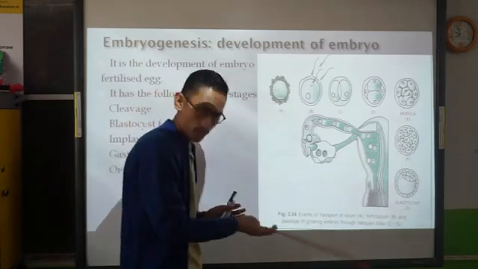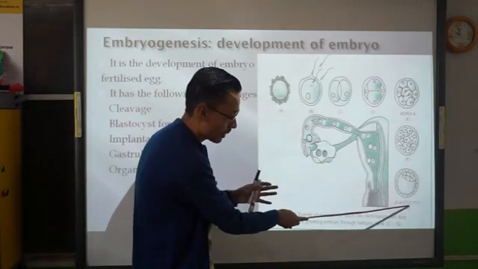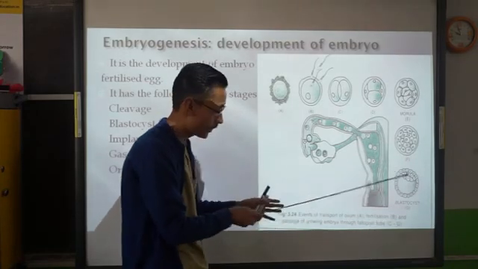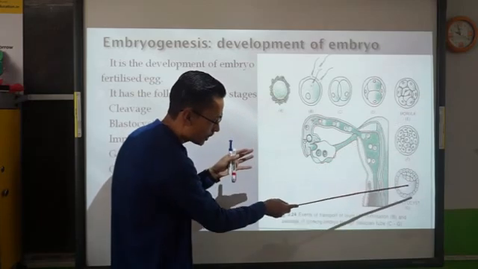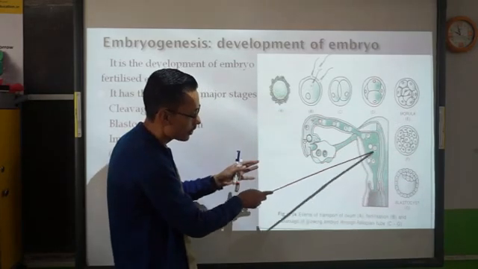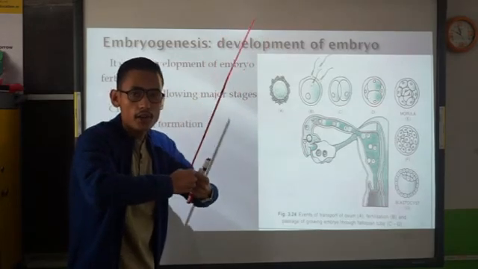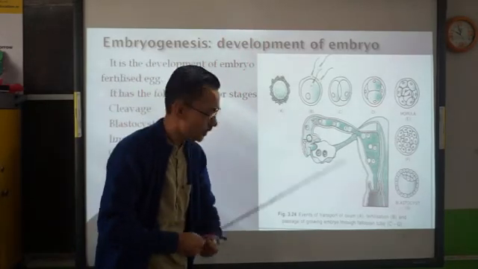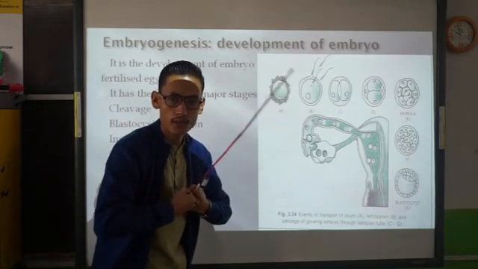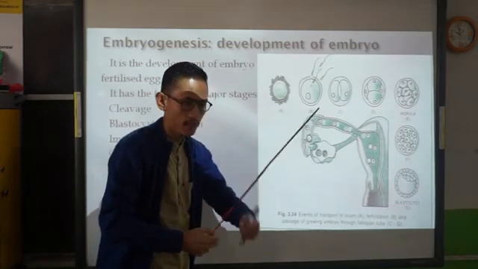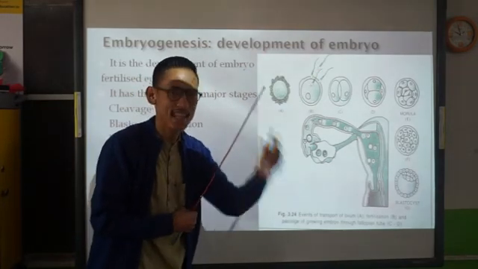Now there are certain processes, alright, where the morula will change into blastocyst, which we'll discuss, don't worry. So morula will change into blastocyst. You can see over here H, and after the formation of blastocyst, it will come in contact with the endometrium of the uterus. Clear? And when it comes in contact and attaches with the wall of the uterus, it is called implantation.